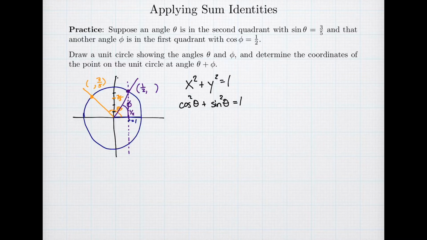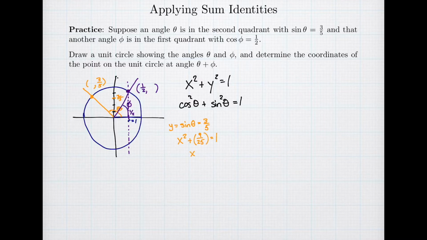We know that the sine of my angle theta equals 3/5. That's a y value. And so when I put that into my x squared plus y squared equals 1 formula, x I don't know, y is 3/5, so that's going to be squared, 9/25, equals 1.